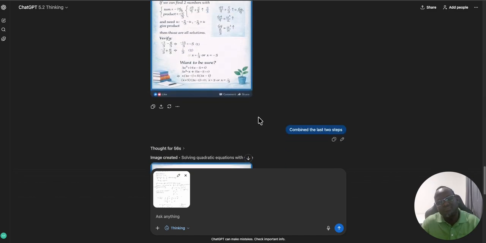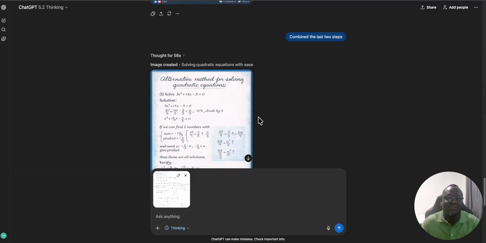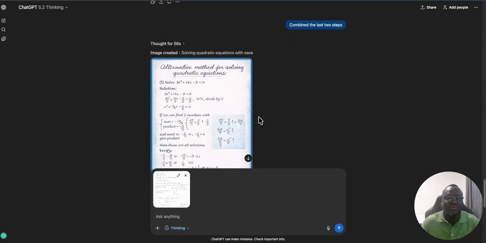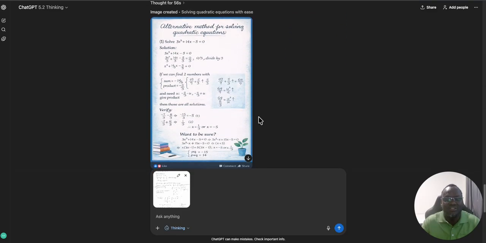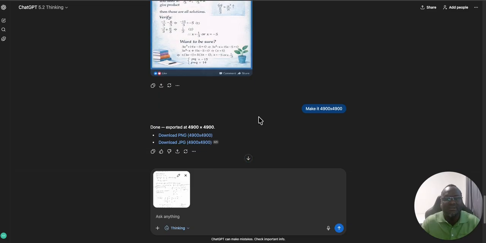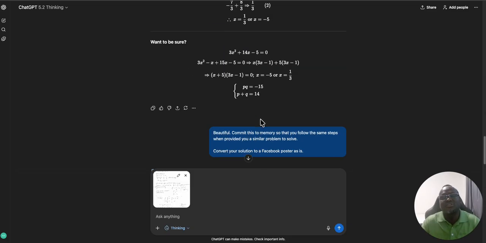You can use these AI tools to solve complex math problems and save time. It is good to know what you are doing and how you are asking your questions, because if you just throw a question at it, it won't give you the best solution.